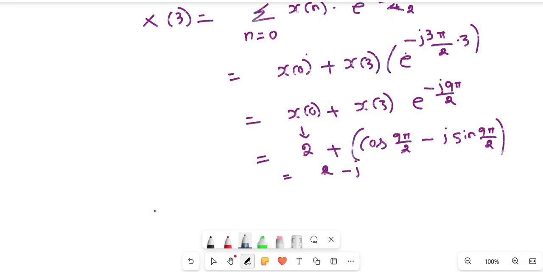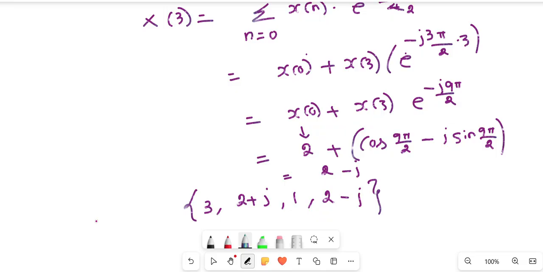What is the final equation? Compute the 4-point DFT for the given sequence. So the final answer is 3, 2 plus j, 1, 2 minus j. This is the direct computation of DFT.